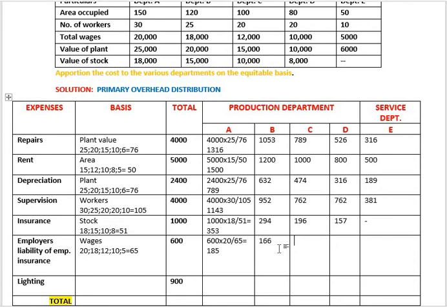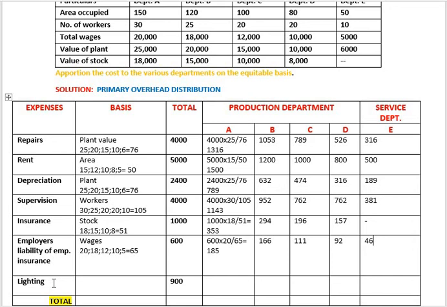Similarly for department C, 600 into 12 divided by 65, you will get 111. And for department D, 600 into 10 by 65, you will get 92. And for department E, that is service department, 600 into 5 by 65, we will get 46 rupees. So this is how we need to apportion employer's liability of employee insurance.